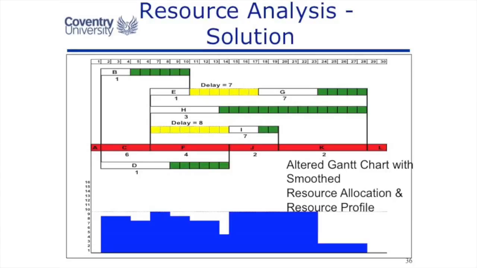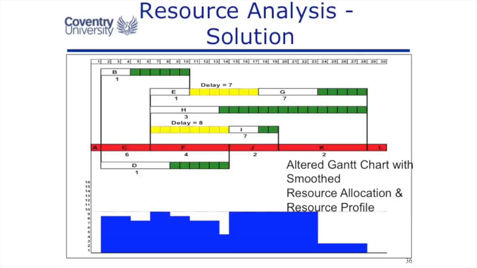The problem is that you might get allocated the engineers, but when you release them, they might not be available when you want them. A smooth resource profile says I can keep the engineers allocated to me busy for the life of the project.